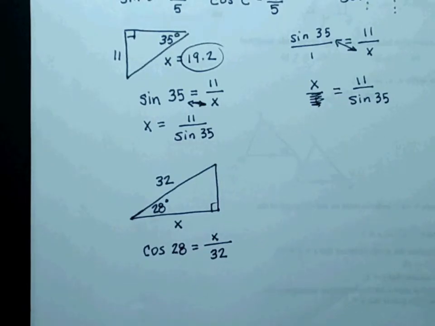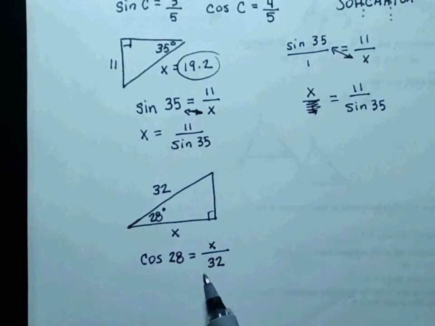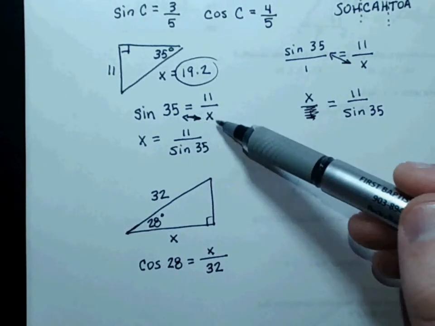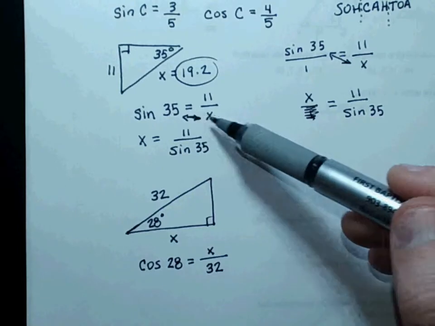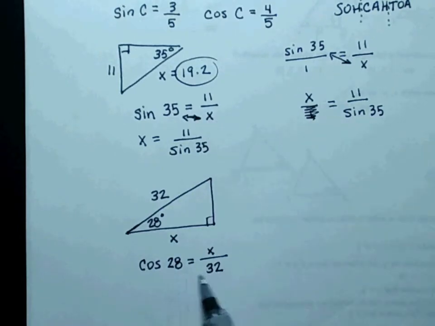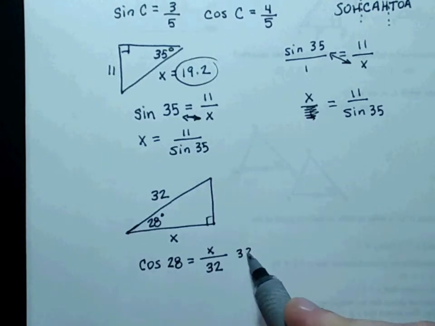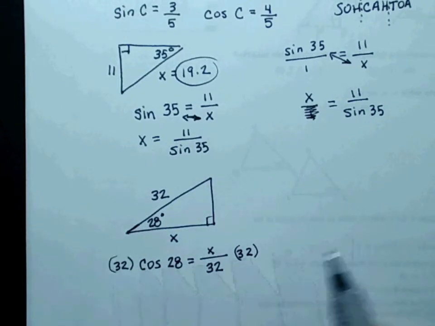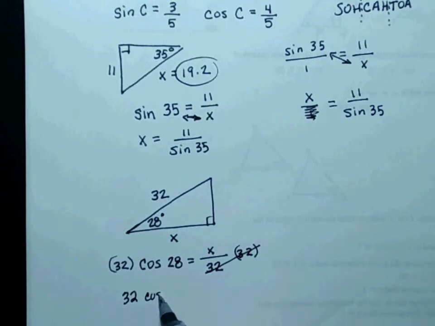Right? Now, in this case, it's not like up here where x was in the denominator. So we don't have to use our shortcut here. In this case, we just need to get rid of the 32. So the way that we get rid of the 32 is we just multiply both sides by 32. Because then those 32's will cancel out, and we will get 32 times cosine of 28 equals x.